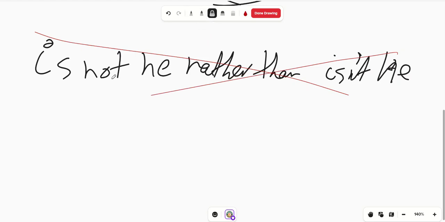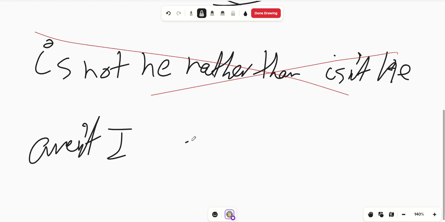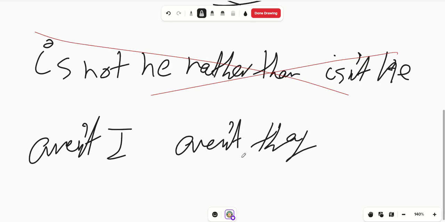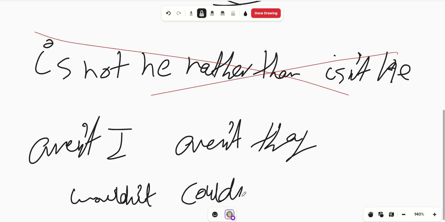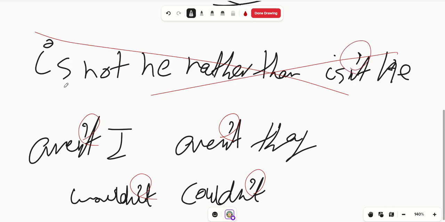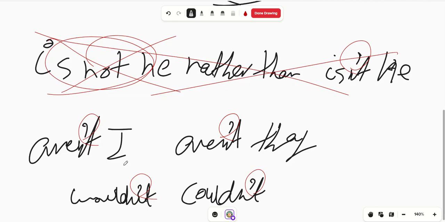So we always should use, for example, aren't I, aren't they, or like wouldn't, couldn't. Use apostrophes in this form is called contracted form. But here you have no apostrophe, so it's wrong.